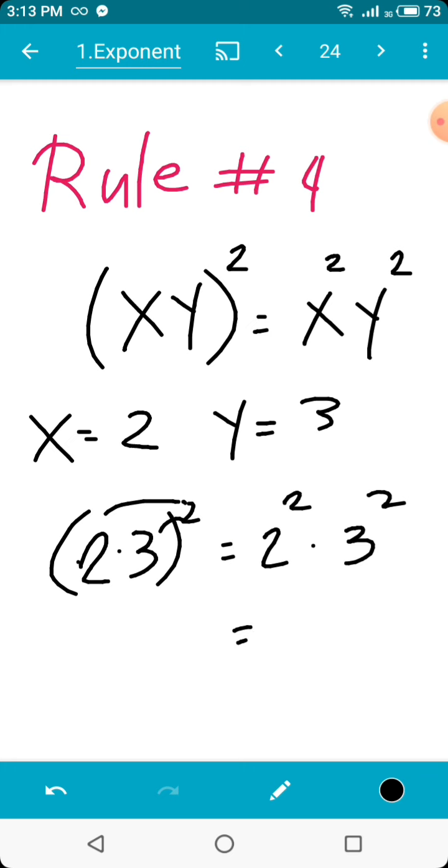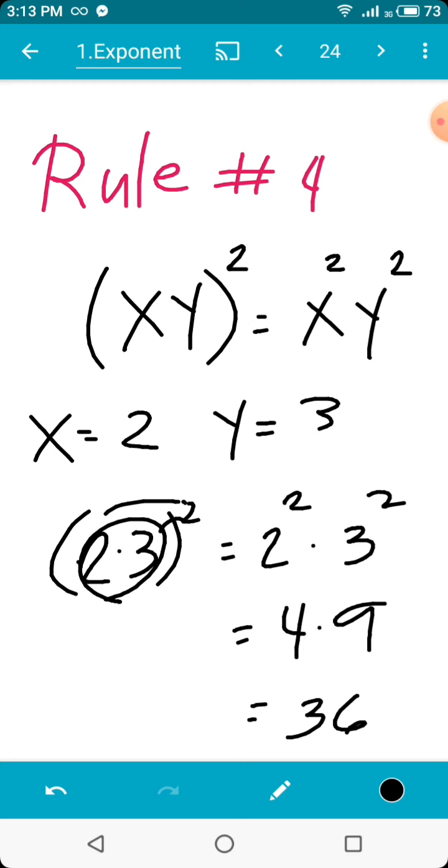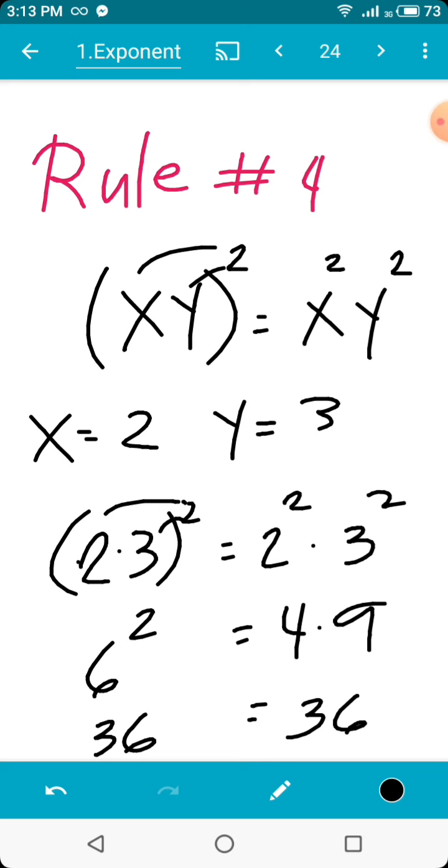So, to answer this, it will become 4 and 9. And this is 36. Okay? So, kung sasagutin natin yung nasa loob mismo, so it will become 6 squared. And that is also 36. Okay? So, same lang din yung sagot na lalabas. Kaya, to easily simplify this, distribute na lang natin to. Okay?